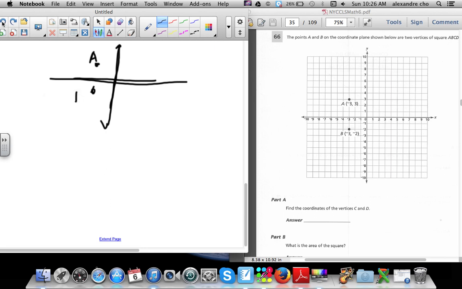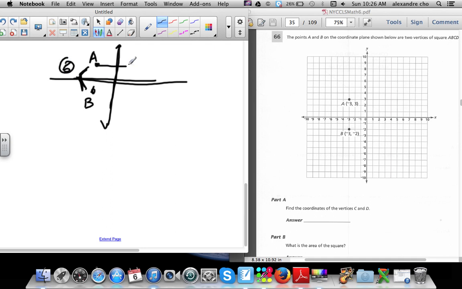The only thing you have to make sure is that the distance between each point is the same because this is a square. So A and B, let's see, it's 1, 2, 3, 4, 5. So the distance here is 5 units.